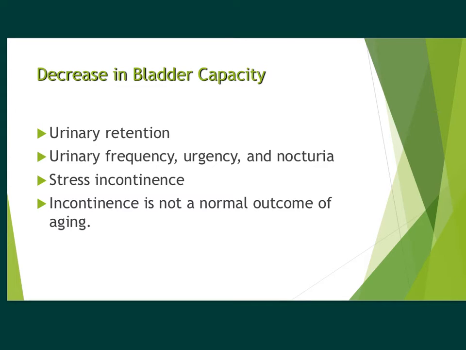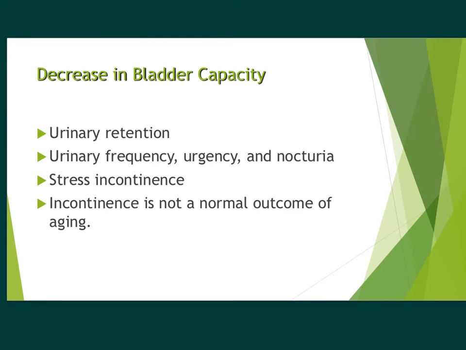We then move down and talk about the ureter, the bladder, and the urethra. And so we have issues such as urinary retention. The urinary retention, the frequency, the urgency, and the nocturia are a result of decreased elasticity and muscle tone. The muscle tone can also lead to stress incontinence.